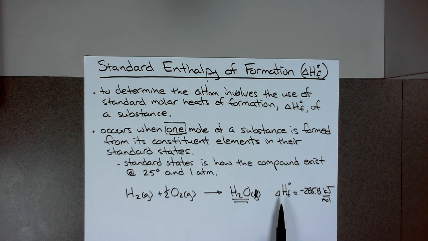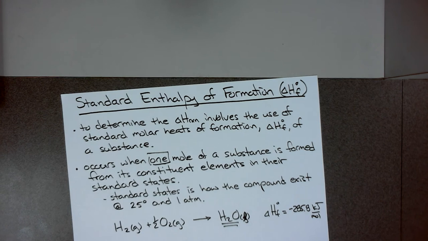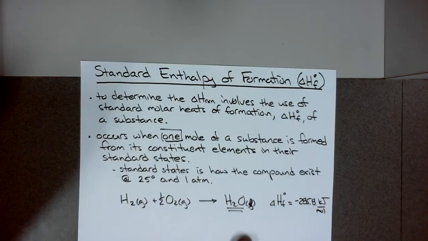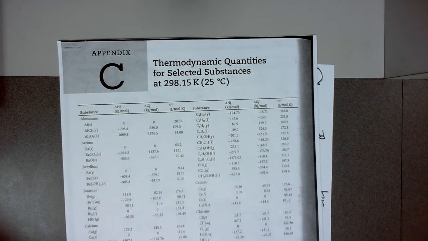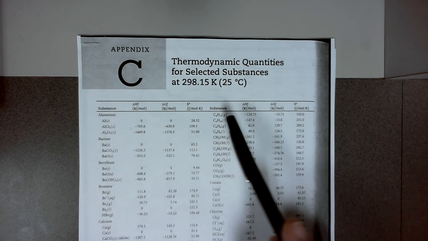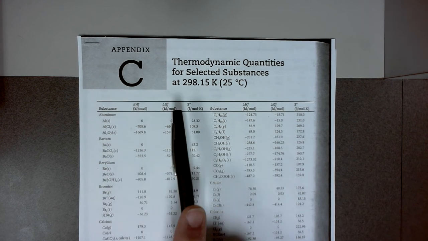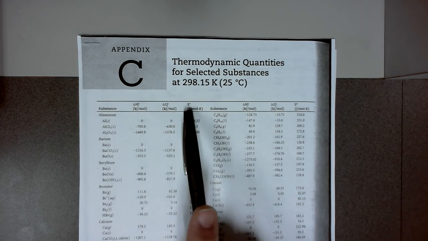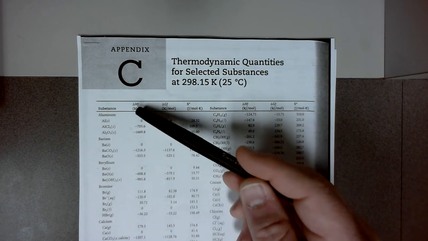And there's a huge list of these. You will be given either a list or the list will be written on your problem. Usually textbooks have an appendix called thermodynamic quantities, and those would be the delta H of formation, the Gibbs free energy of formation, and enthalpy of formation. We just care about the delta H.